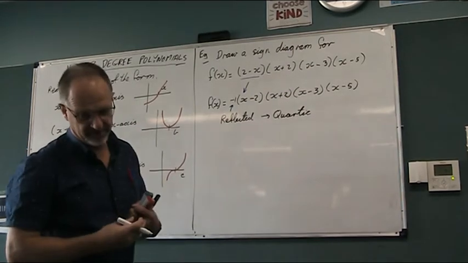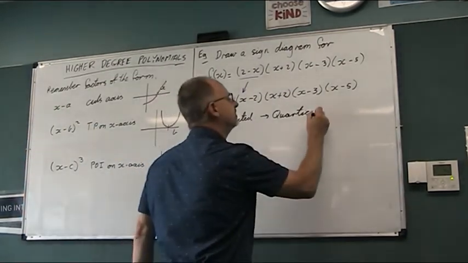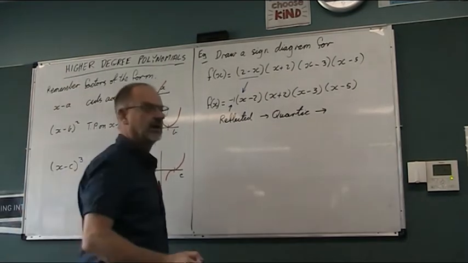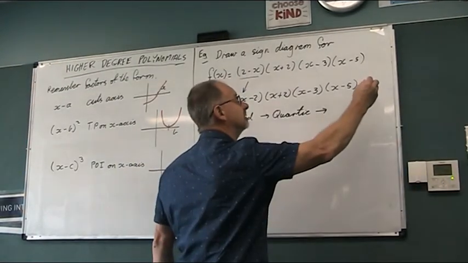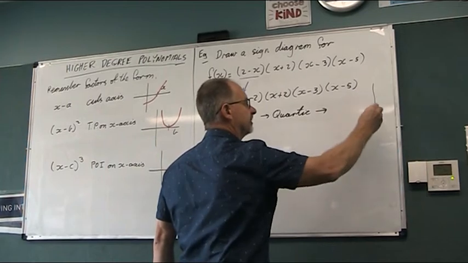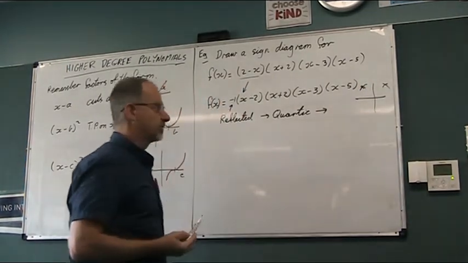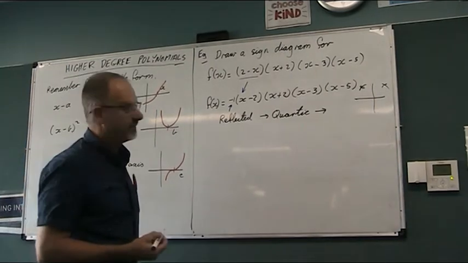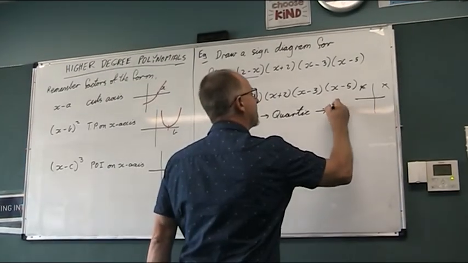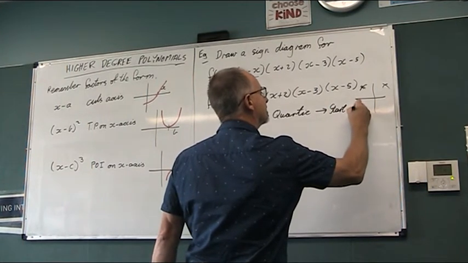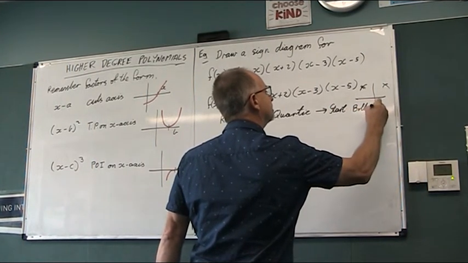Now normally all even powers would start where? Top left. All even powers start up here and finish up there. But this one's reflected, so this one will start under the axis. So start bottom left.